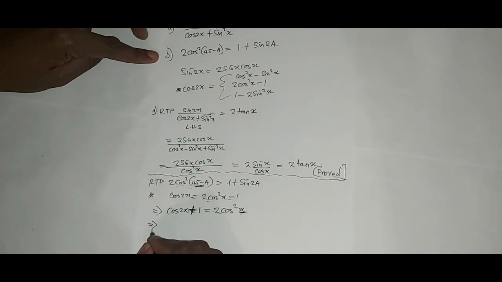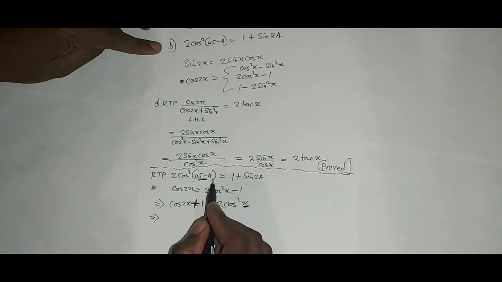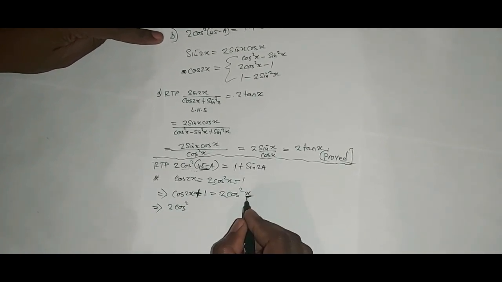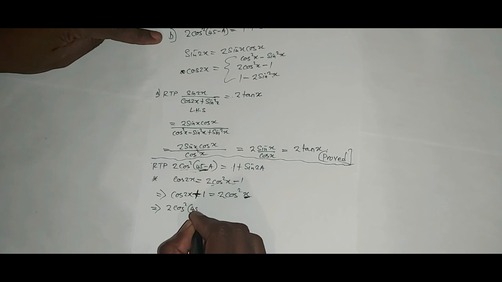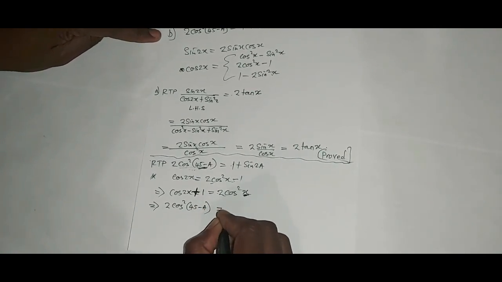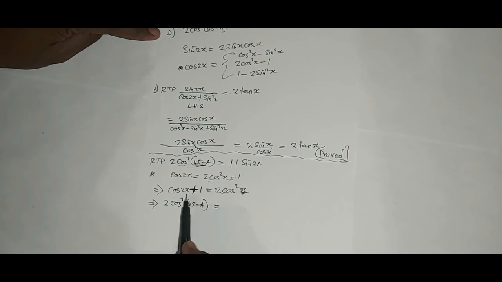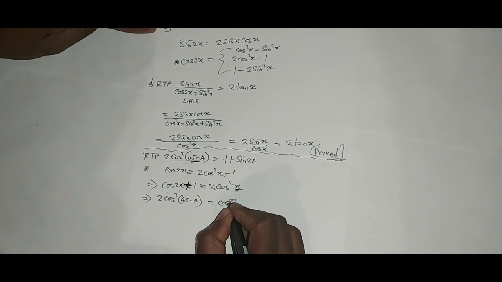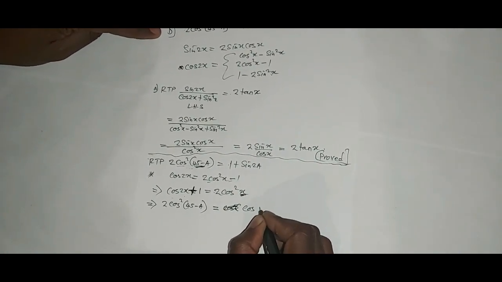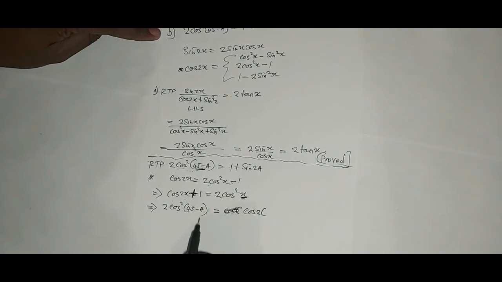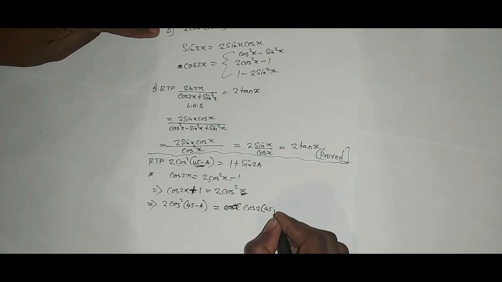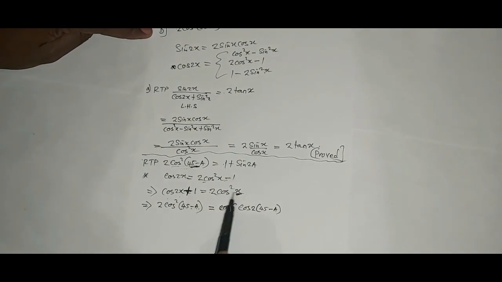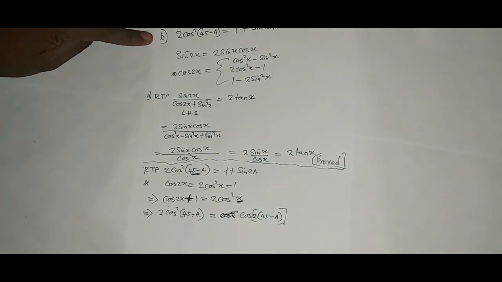So if in place of x I substitute 45 minus a, it means 2 cos squared (45 minus a) will be equal to cos of 2 open bracket 45 minus a. I'm now substituting 45 minus a for our x there. So let me put a big bracket there.